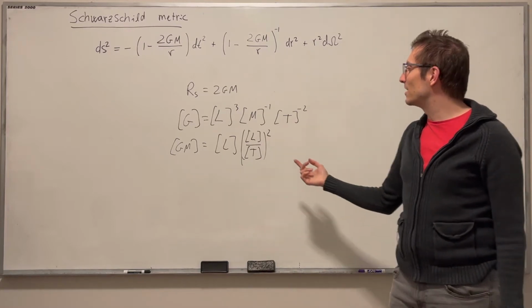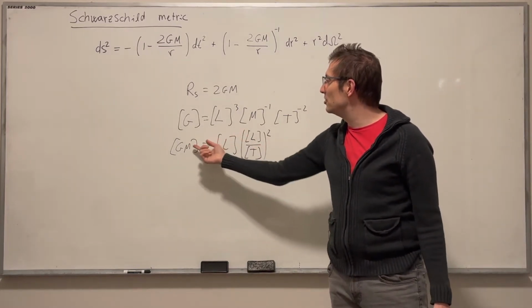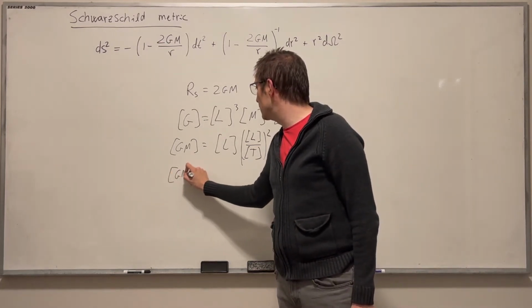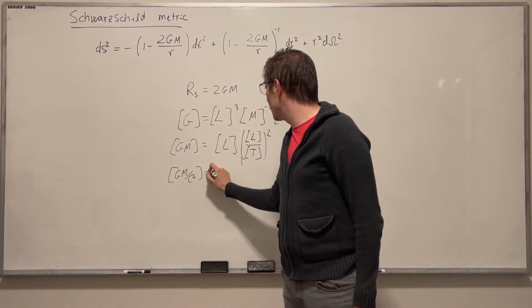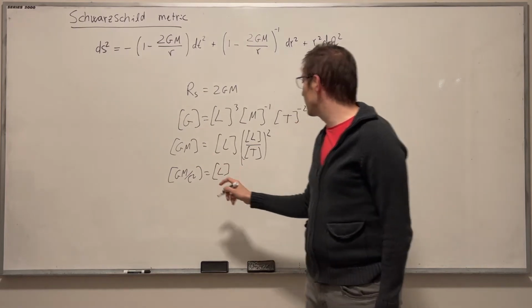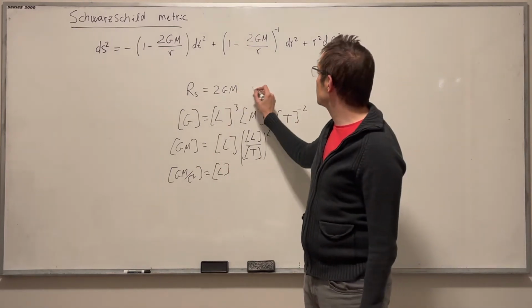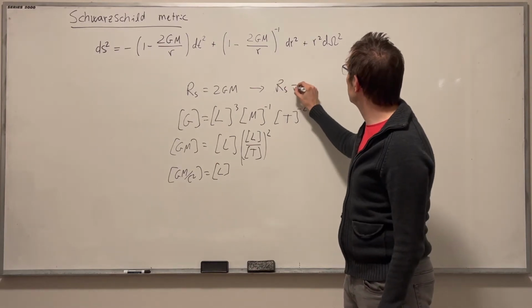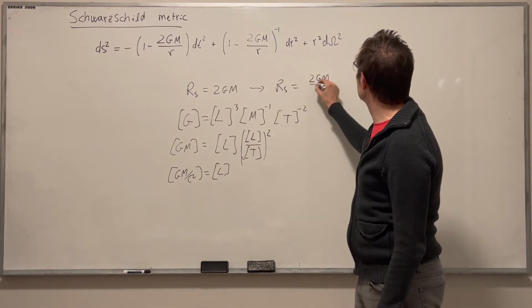So in order to get units of length for the resulting GM factor, I need to divide by c squared. If I do the units of GM over c squared, then I get that thing has units of length only, canceling the velocity ones. So the Schwarzschild radius in full dimensional units is 2GM divided by c squared.